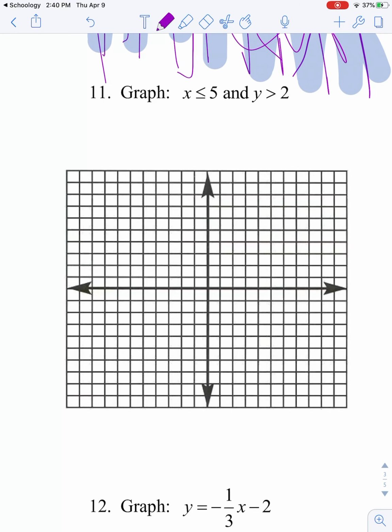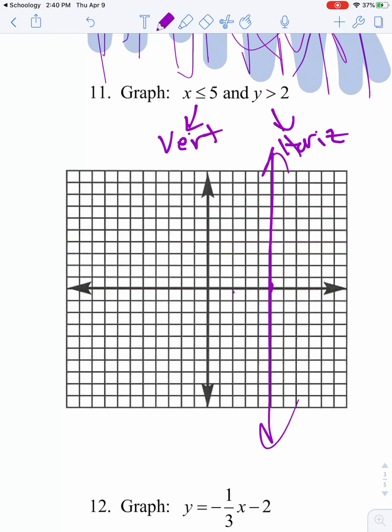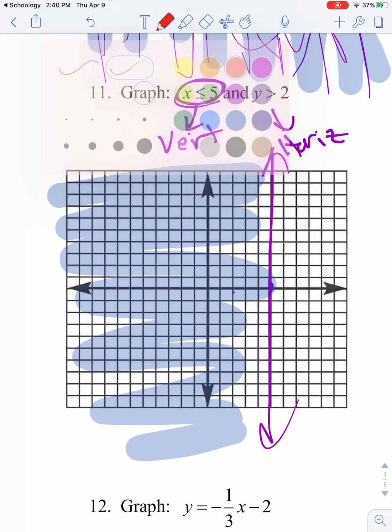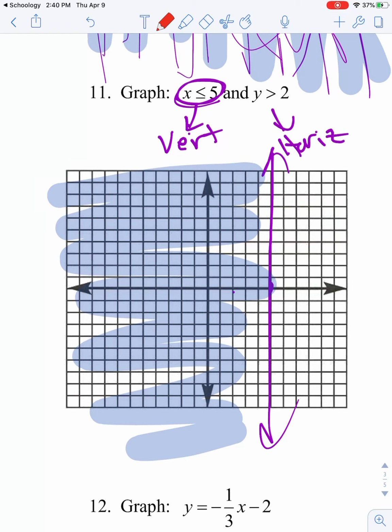Just a reminder with vertical, this is a vertical line, and this is a horizontal line. So x equal to 5, 1, 2, 3, 4, 5, that's a solid line. And I want all the x values less than or equal to 5, so that shading is going to be over here. Now I'm going to do the y less than 2, so here's y less than 2, that's a dotted line.